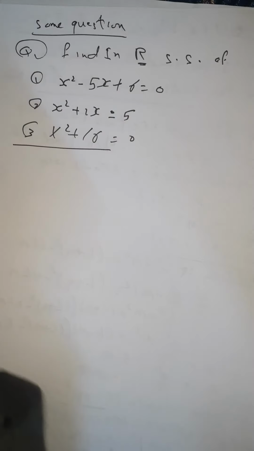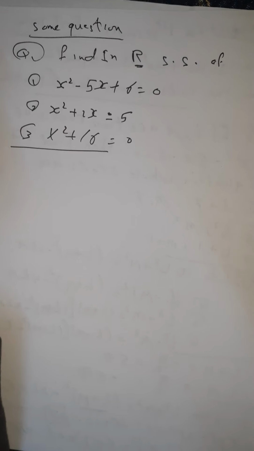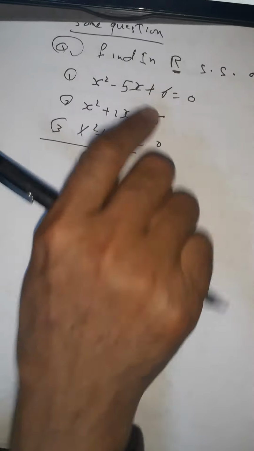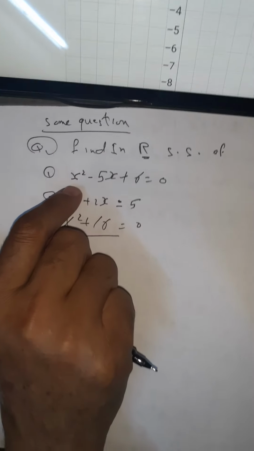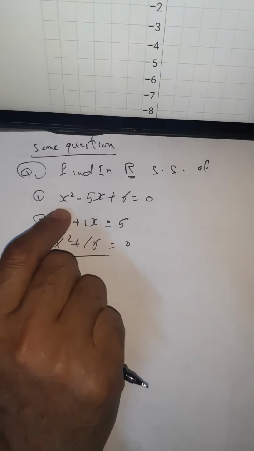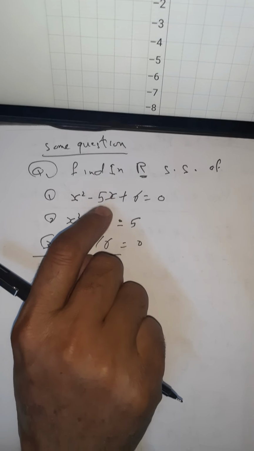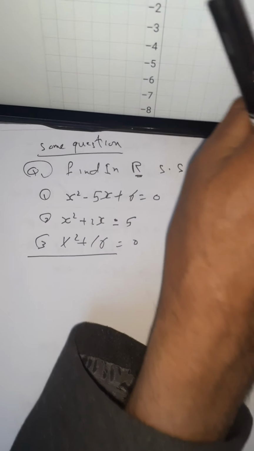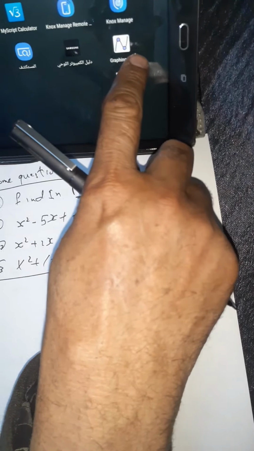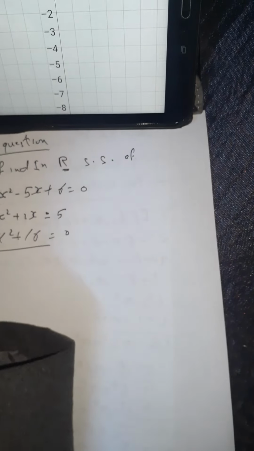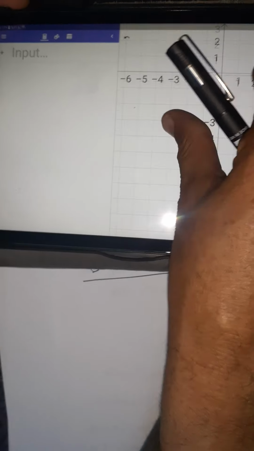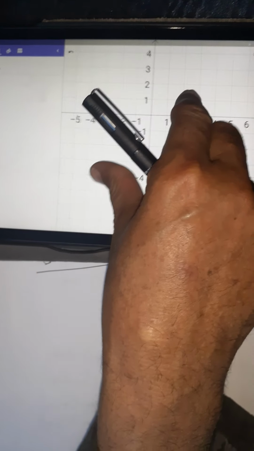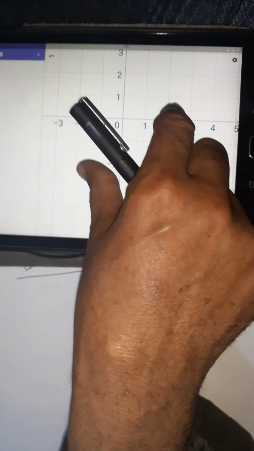Before we explain how to use GeoGebra to find the two roots of an equation of second degree, if we need to solve the equation x power 2 minus 5x plus 6, we can first open the graphing program GeoGebra and put in the equation. We can change the drawing scale of the x-axis and y-axis.